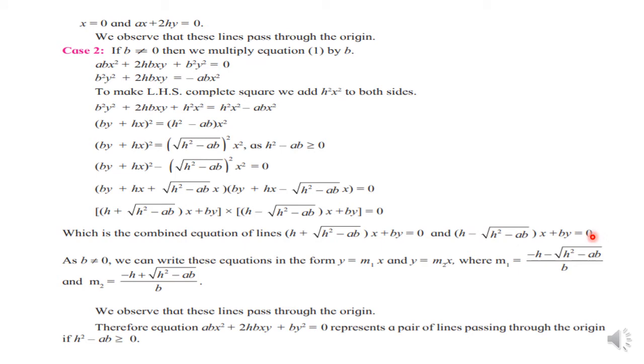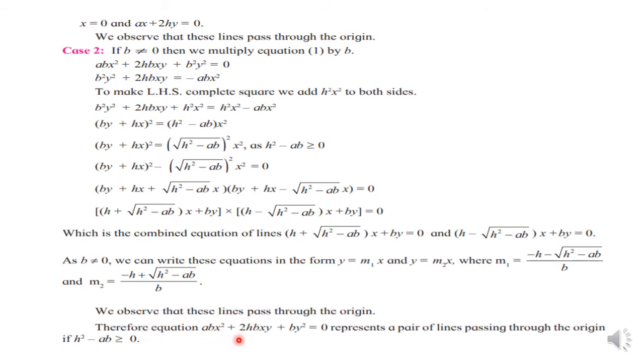And m2 becomes, this term goes to the RHS. So as a result, m2 we get as minus h plus, the sign changes when we go to the RHS, so minus h plus root of h square minus ab upon b. Okay, so both the equations can be written in the form of y is equal to m1x and y is equal to m2x. Thus these lines pass through the origin.